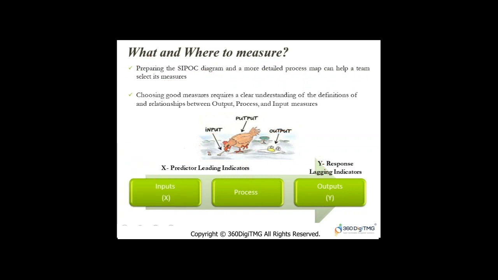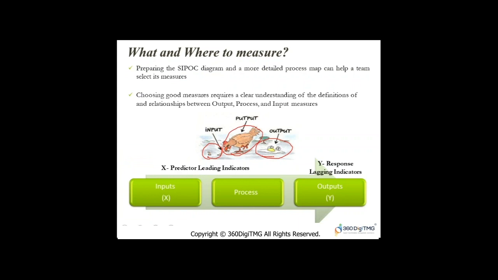Look at this diagram. There is an input in the form of an insect. There is a process which happens inside the hen, and you have the output, which is an egg, right? That's a process. I have an input, there is a process, and then I have an output.